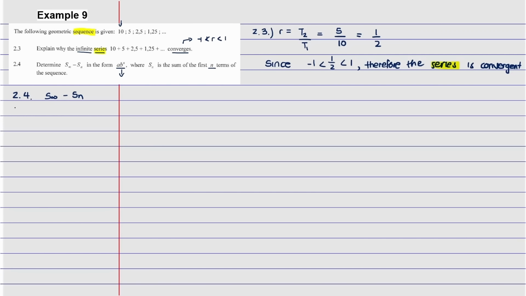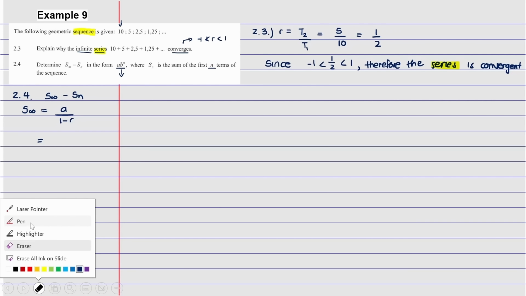So now we need S to infinity first. We already know that this is convergent. So we know the fact that S to infinity is a divided by 1 minus r. What is our a? Let me just erase that. Okay, so we know that a is 10.